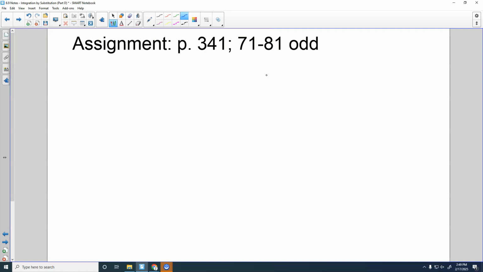Yeah, I'm pretty sure there's not any here that you need to know how to do part C for. So I think we should be good to work on these. So go ahead and get started. Hopefully you can find it, it's on 342 instead of 341.